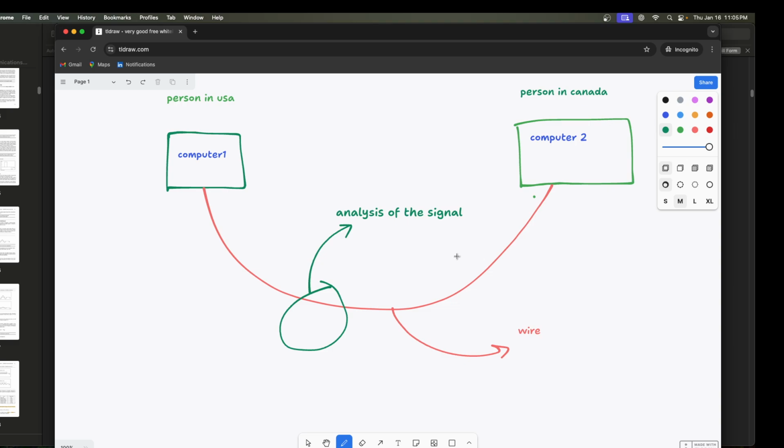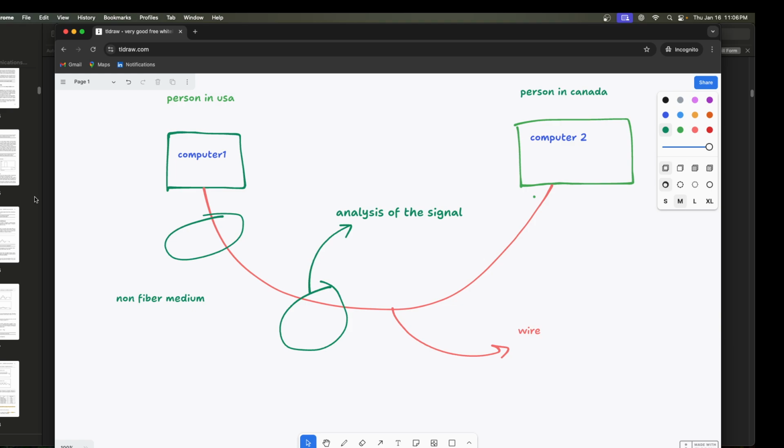This is a non-fiber medium. Always remember, right now we are assuming a non-fiber medium. These days you have fiber, right? As the signal propagates in a non-fiber medium, it will reduce its strength. So we need to do some analysis.